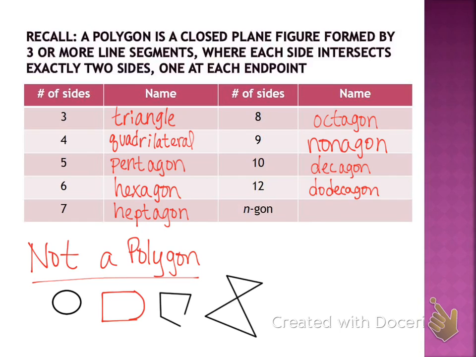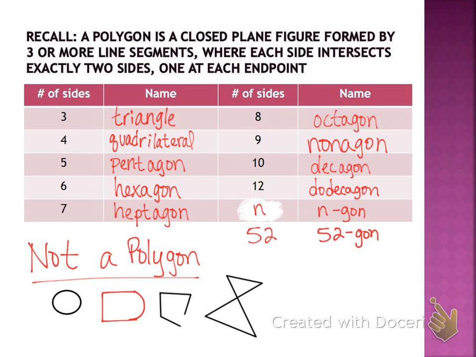To me, that's a little bit backwards. If it has n sides, it's called an n-gon. So I'm going to change that. If there are n sides to it, it's an n-gon. Meaning, if it were to have 52 sides, we would call it a 52-gon. Not 52-a-gon, just 52-gon.